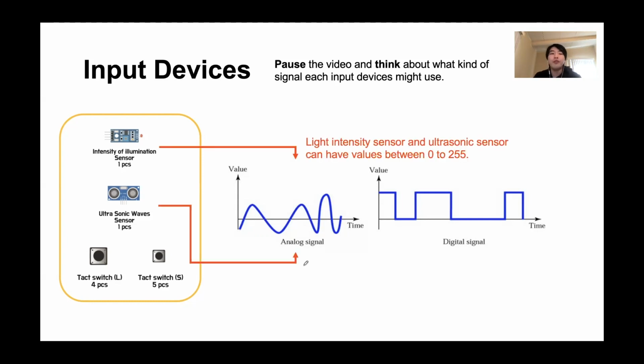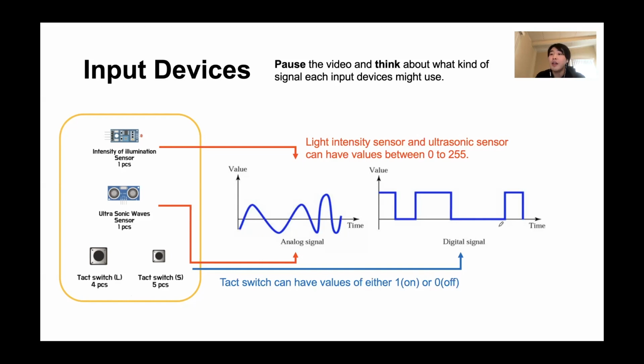All right, hopefully you guessed something like this. Intensity, analog. Ultrasonic, analog. Switches, digital. Now, the reason behind it is because light intensity can vary from really dark to really bright, and there are a lot of values in between, right? So it's analog. Now, ultrasonic, if you remember what it does, it measures distance using sound waves, okay?